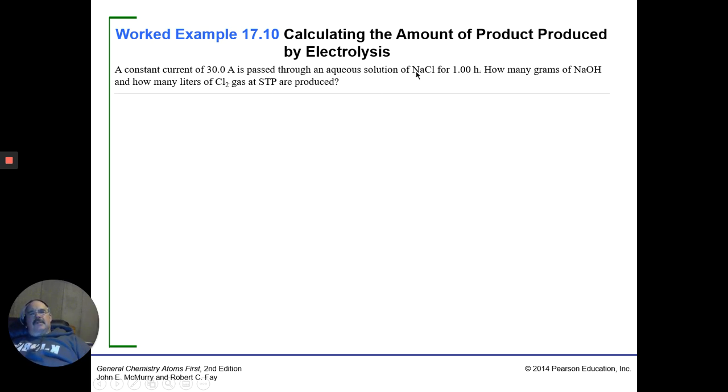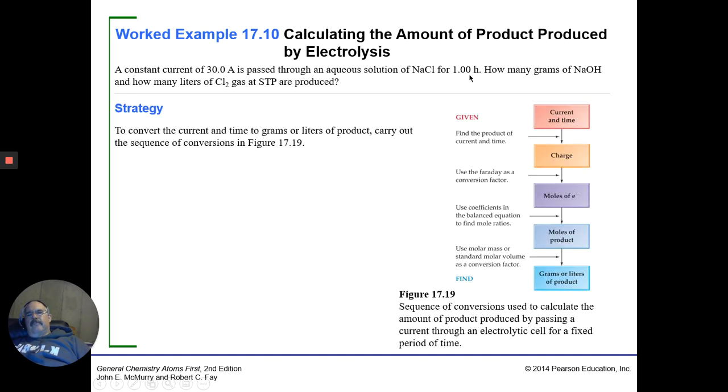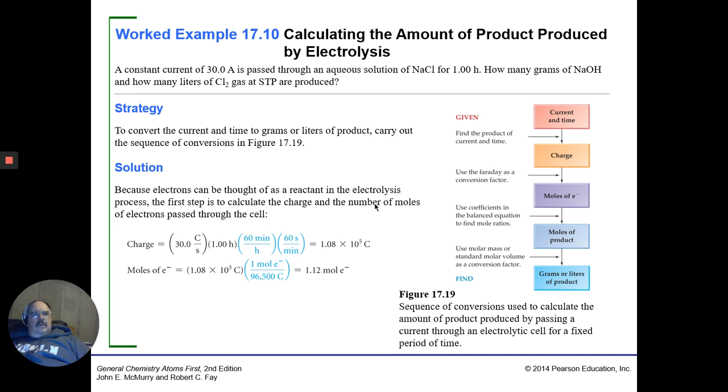An amp times a second is a coulomb. Okay, so we take current times time to find charge, and then using the coulombs, we can calculate how many moles of electrons that is. And then using stoichiometry, we can calculate moles of product.